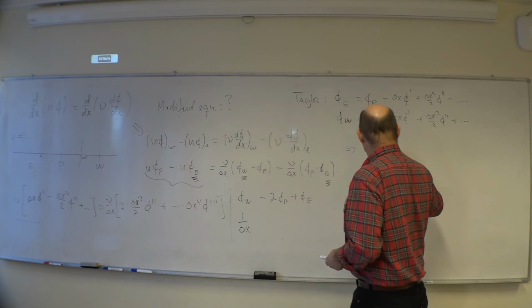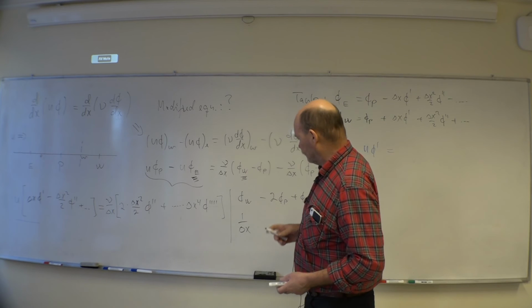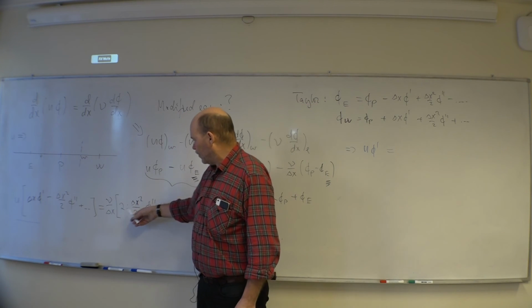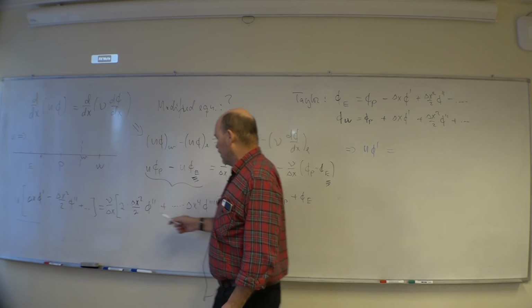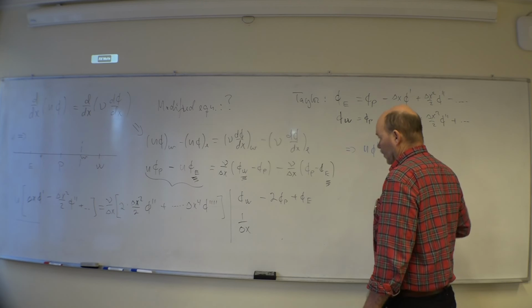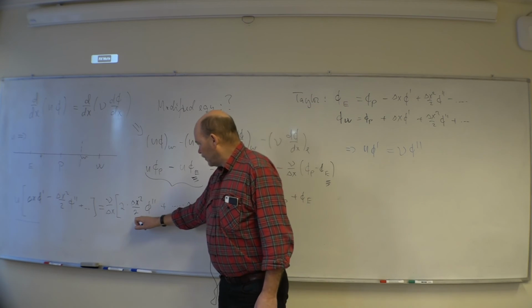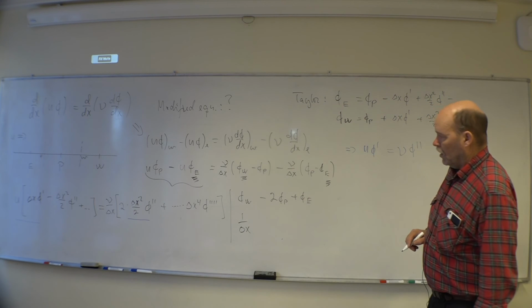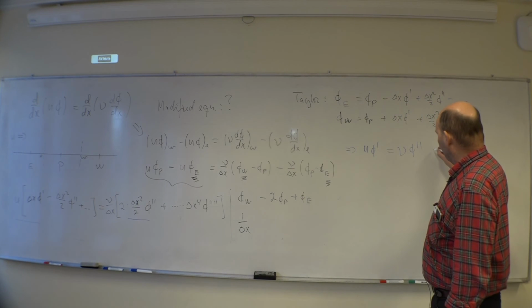Then we have equal. Another delta x here, so delta x square will fall, the 2 falls, and I will have viscosity times phi double derivative. So that was this one. Very nice. And then we have something in addition.